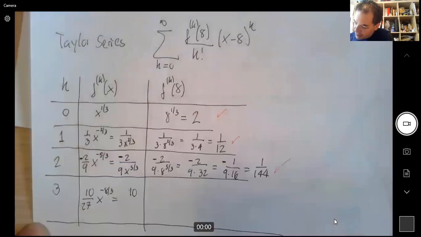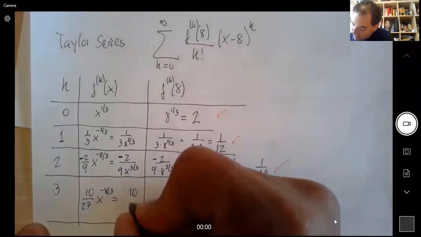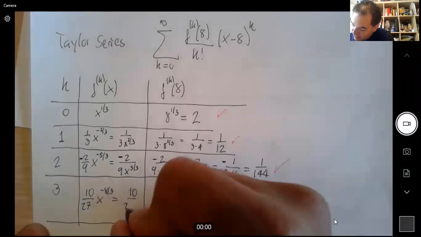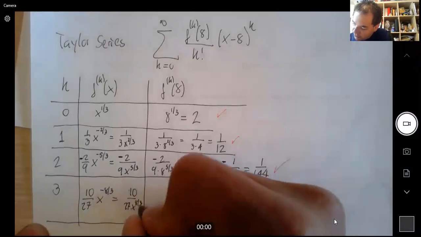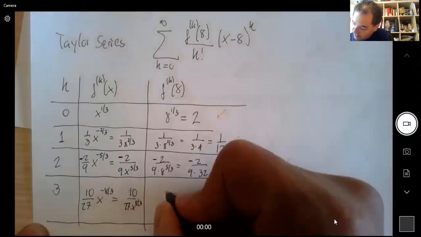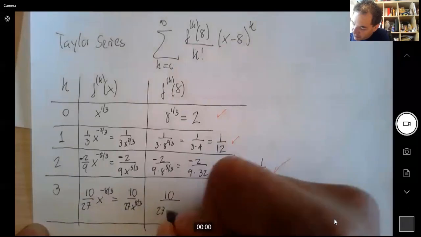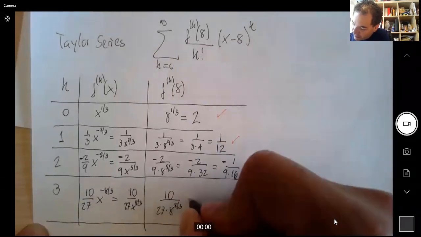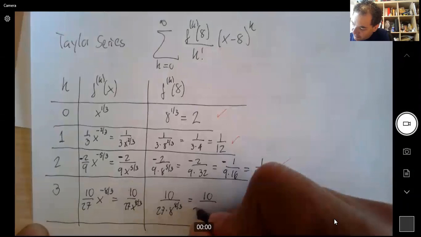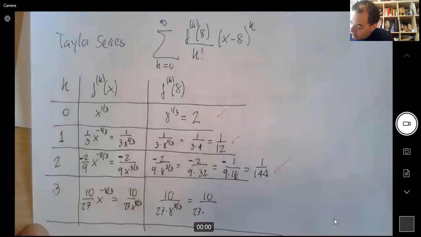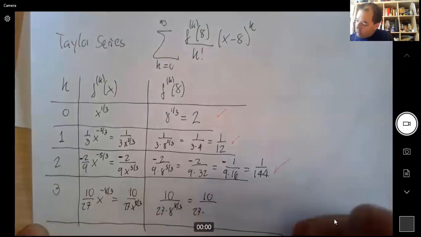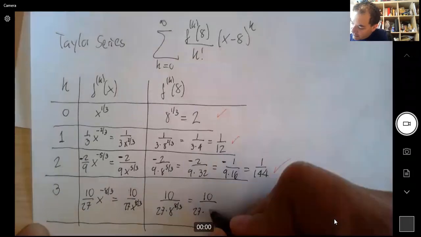So it will be 10 over 27, x to the negative 8/3. And when we plug in 8, that's 10 over 27, 8 to the 8/3. So that's 10 over 27. And 8 to the 1/3 is 2, 2 to the 8. Right?